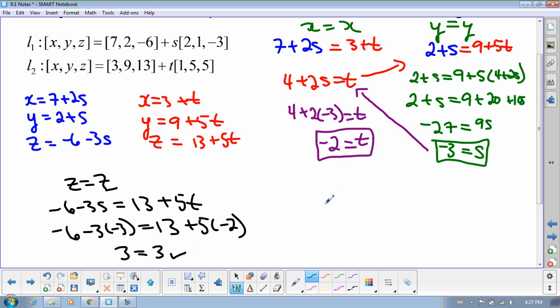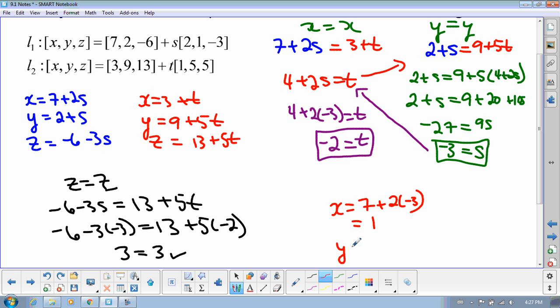So my point of intersection, it doesn't matter if I use my line 1 parametric or my line 2 parametric equations, but I do know that x has to be 7 plus 2 multiplied by negative 3. So that is going to equal 1.